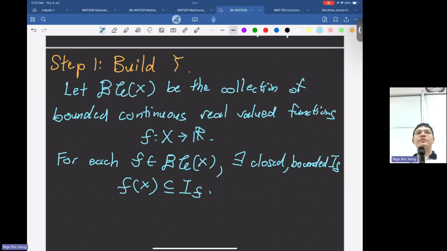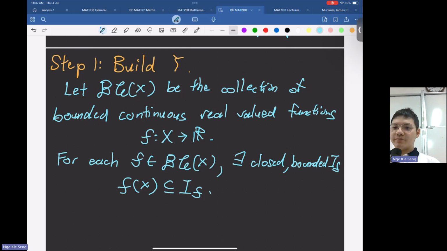Is this true? If you have a bounded continuous function, you evaluate it at every point, it should be living in some closed interval because it's bounded.